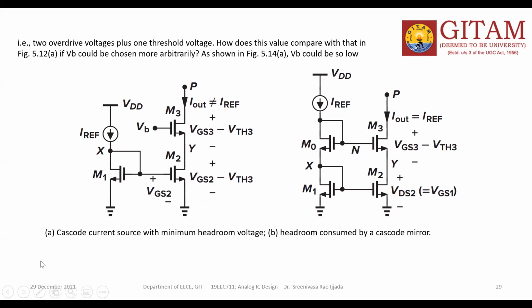If VB could be chosen more arbitrarily, but the conditions should be the same. Conditions means, based on the VB only, whether VY is constant or not, we can say. Based on the VB, Vx can be decided. Vx and VY both are decided by the VB, the potential applied to the gate G3.